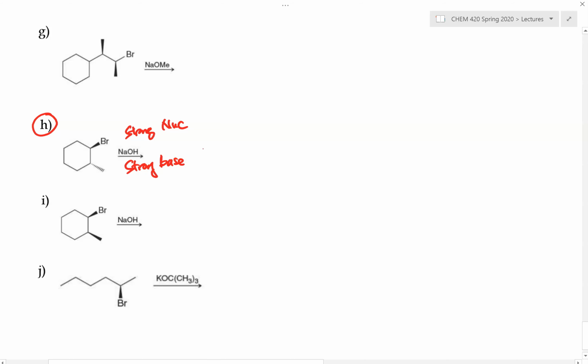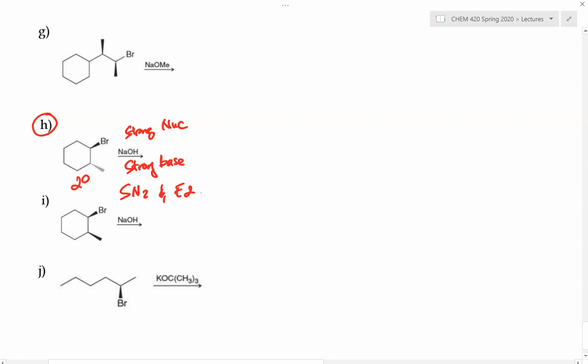So therefore, both substitution and elimination reactions can occur. And now in this case we have a secondary substrate, and a secondary substrate can undergo both the E2 or the SN2. So therefore, we will see both SN2 and E2 products being produced in this reaction.